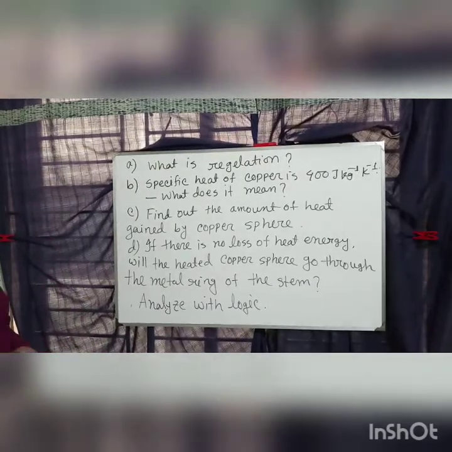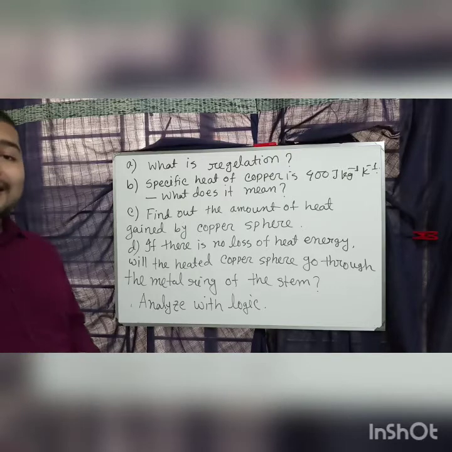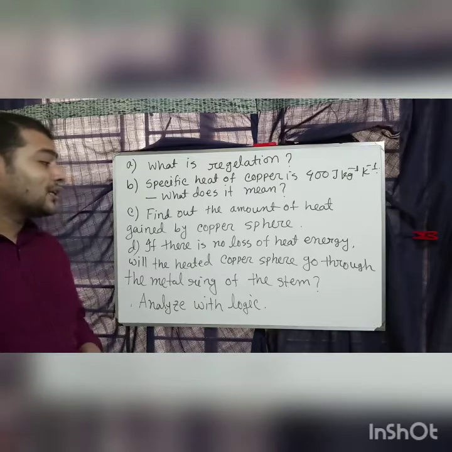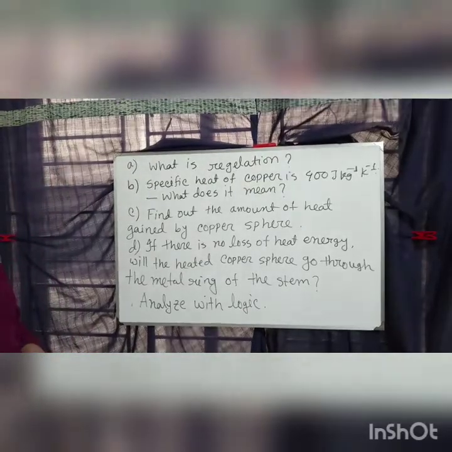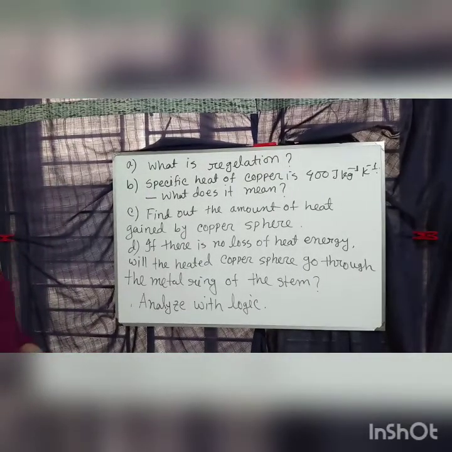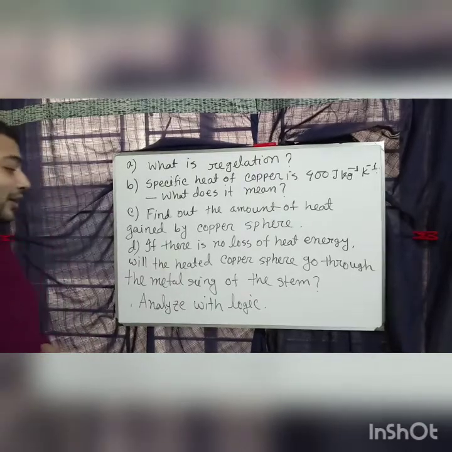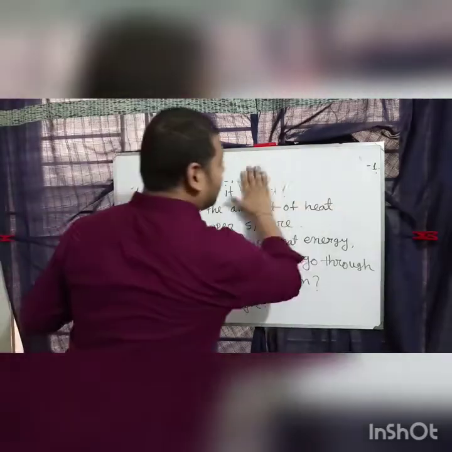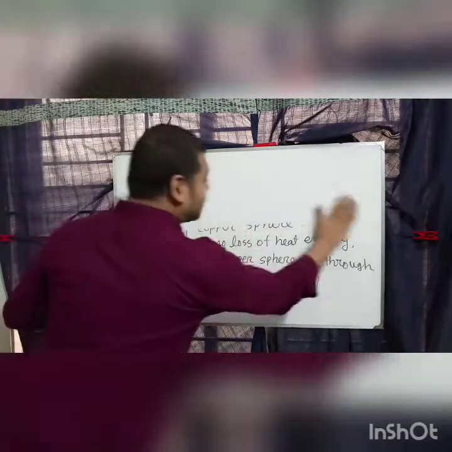And question number D is, if there is no loss of heat energy, will the heated copper sphere go through the metal ring of the stem? Analyze with logic. Okay, then we will go for our answer.